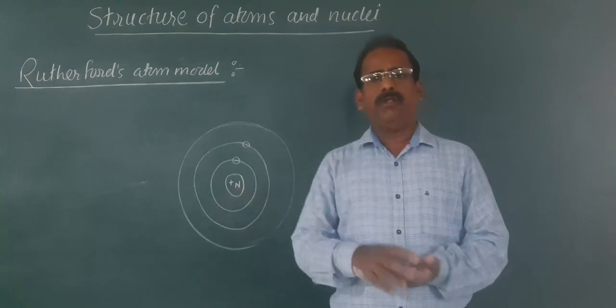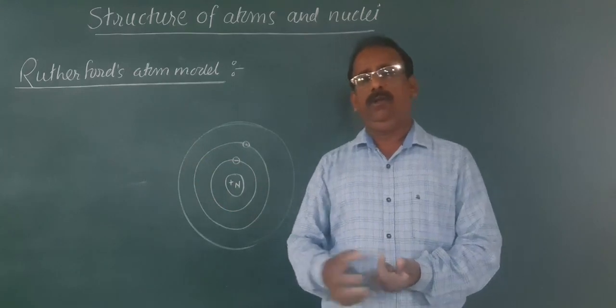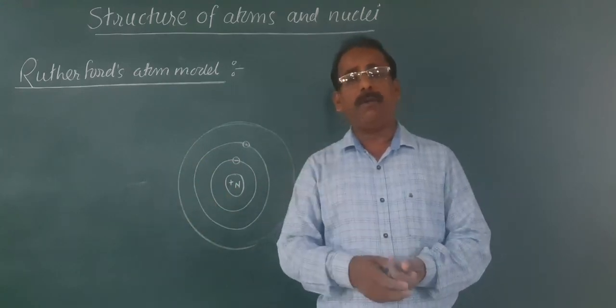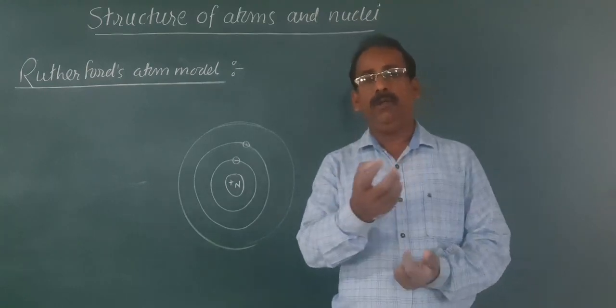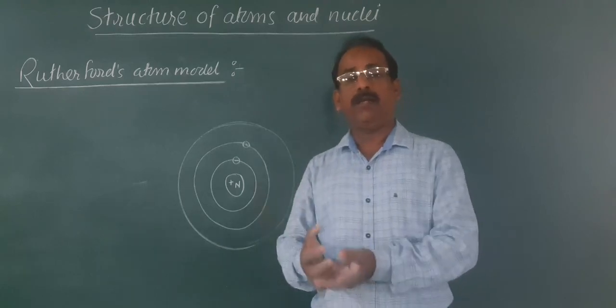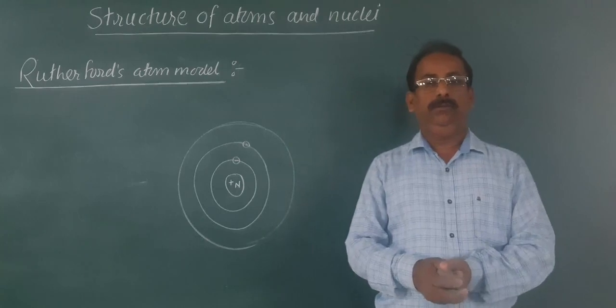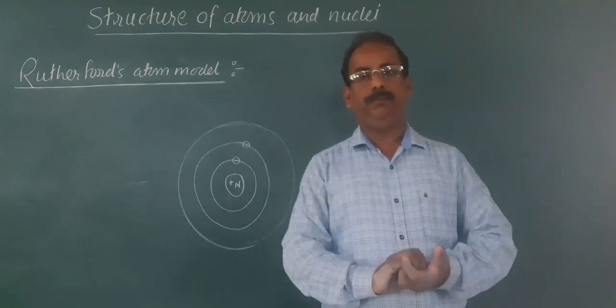According to him, the size of the atom is in the range of 10 raised to the power minus 10 meter, while the size of the nucleus is in the range of 10 raised to the power minus 15 meter. This means the size of the nucleus is 10 raised to the power 5 times less than the size of the atom.